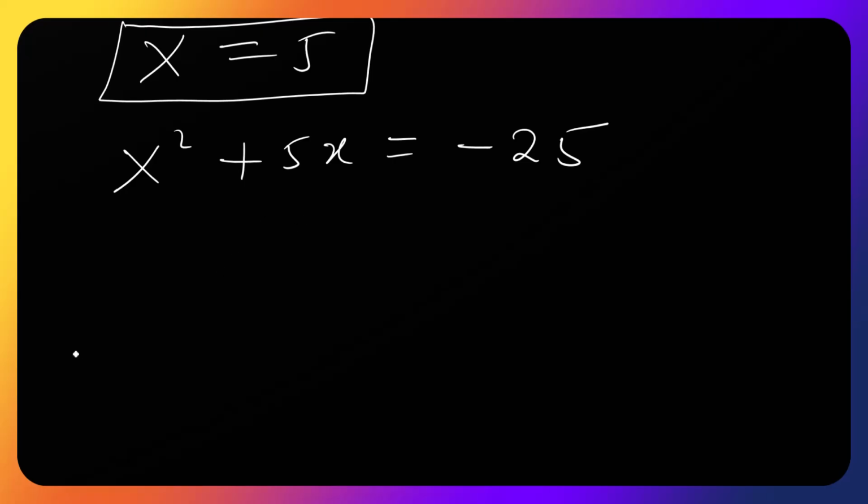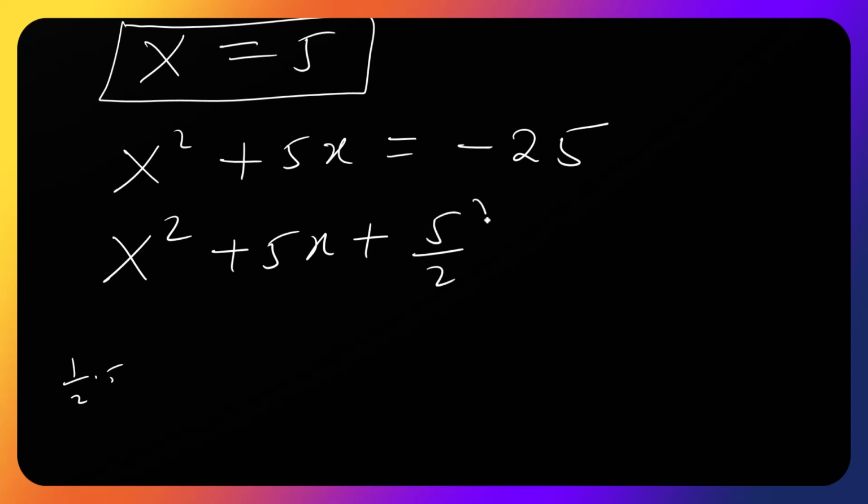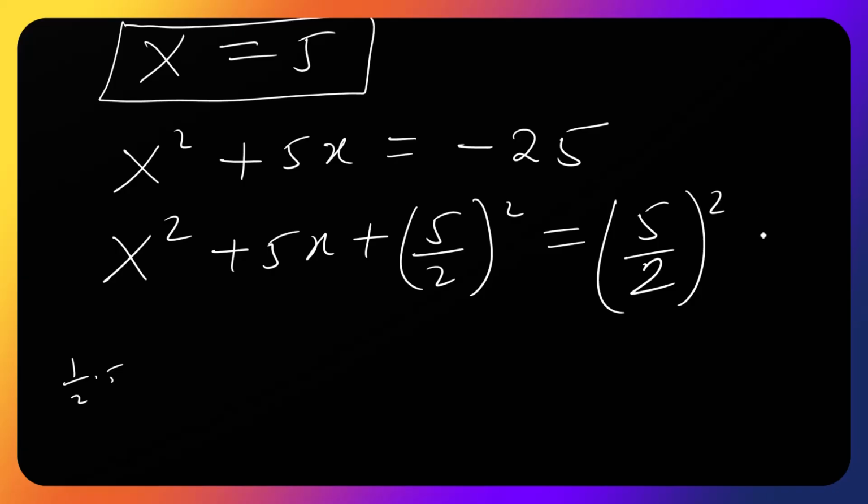Let's take half of the coefficient of x. Half of 5 will be 5 on 2. So we have x squared plus 5x plus 5 on 2 squared equals 5 on 2 squared minus 25.